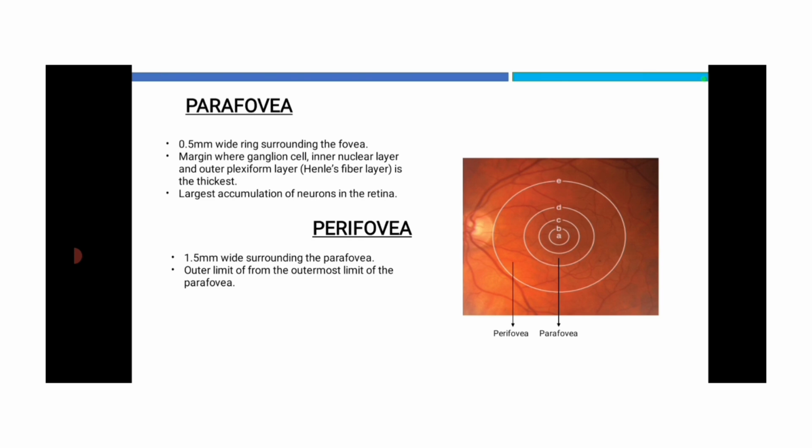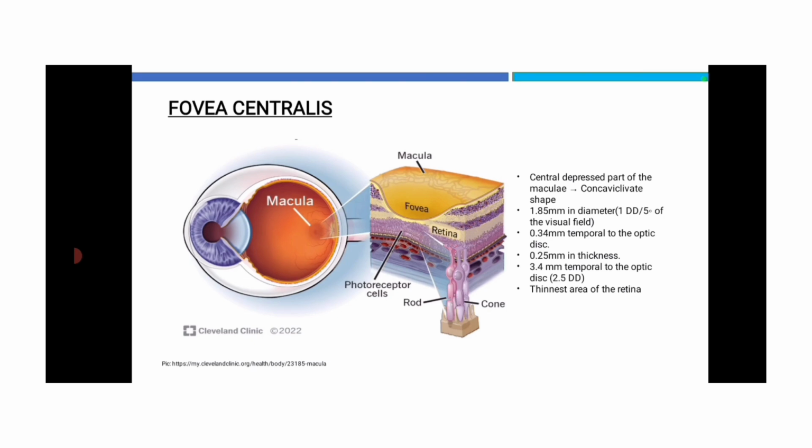Moving forward, we come to an important structure, which is the fovea centralis. It is a central depressed part of the retina. It is a concave central retinal depression that measures about 1.85 mm in diameter, which approximates one disc diameter. Previously I discussed in the slide of optic disc that an optic disc measures about 1.5 mm in diameter.